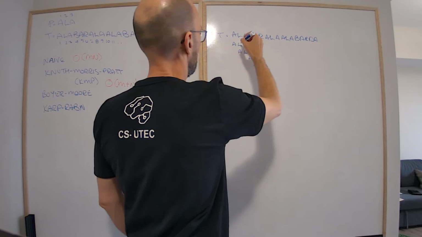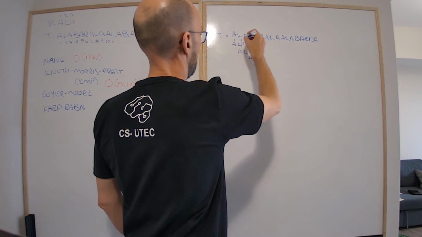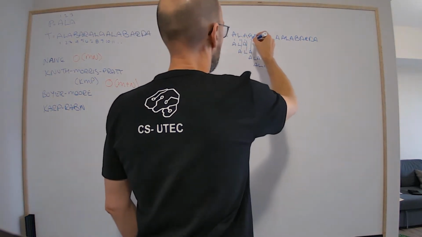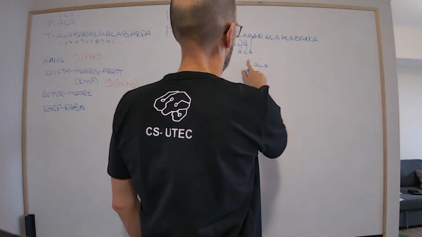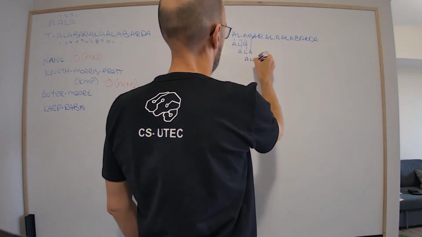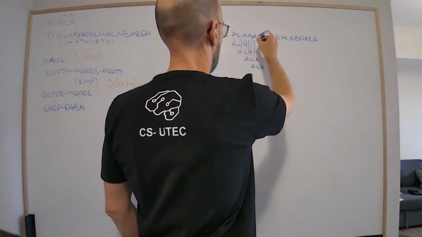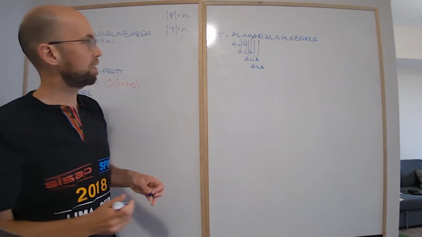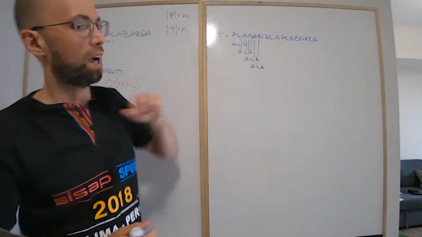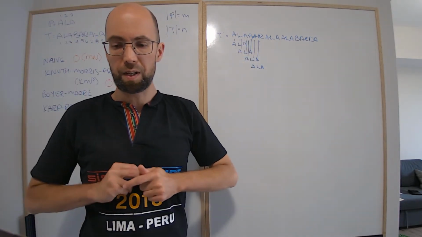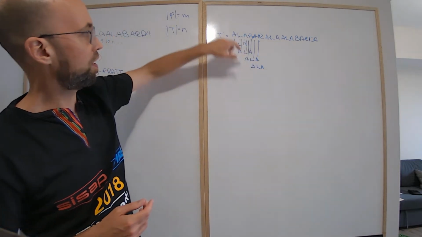So you're doing these comparisons, here and here and here. Oh, I missed one. So you would think that's the natural way. You slide the pattern along and do these comparisons. That's the naive.